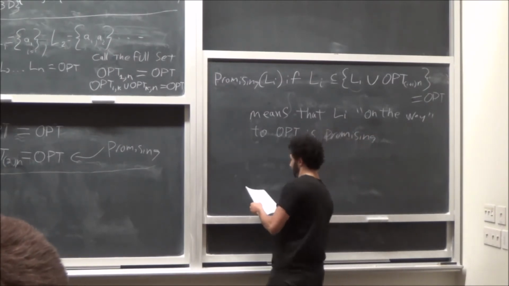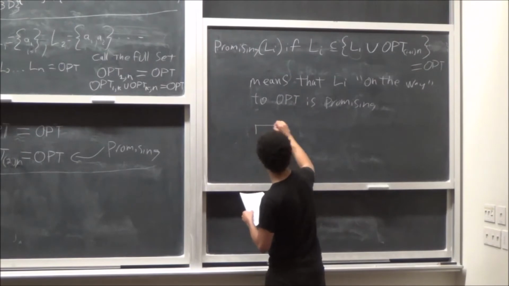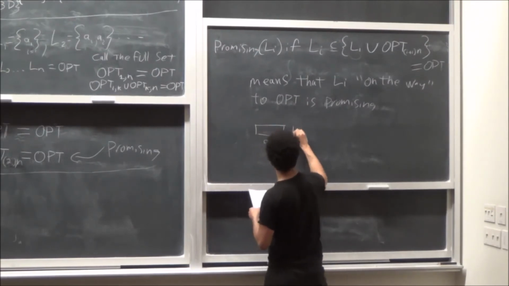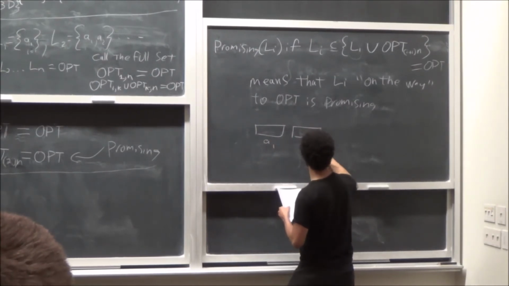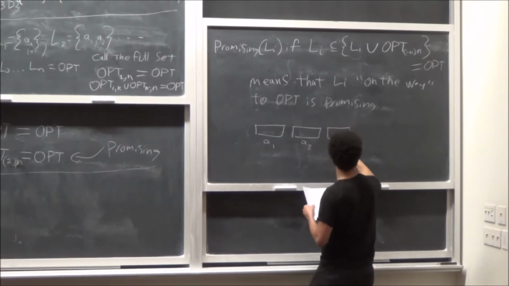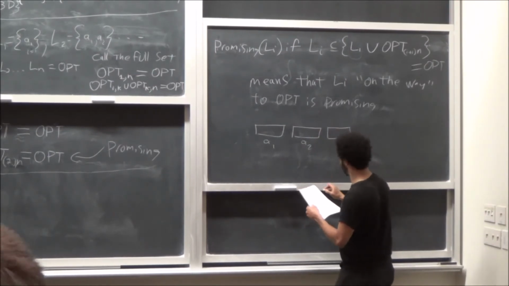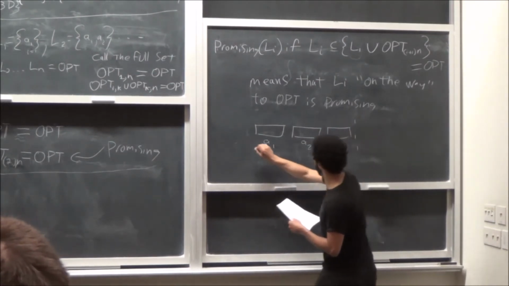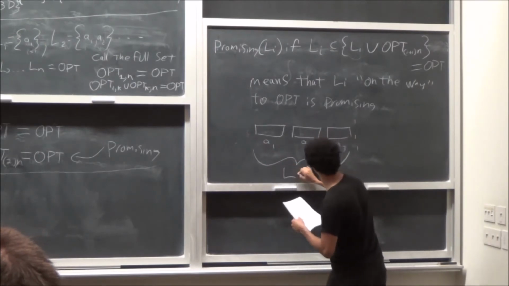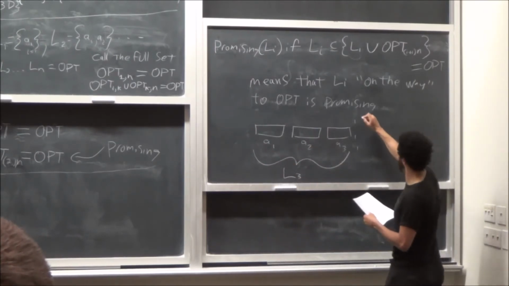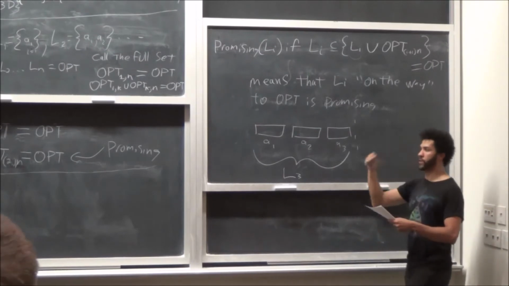A specific example might be if we have A1, A2, A3, and at this point, this can be our L3. Then at this point, we have kind of a fuzzy future.